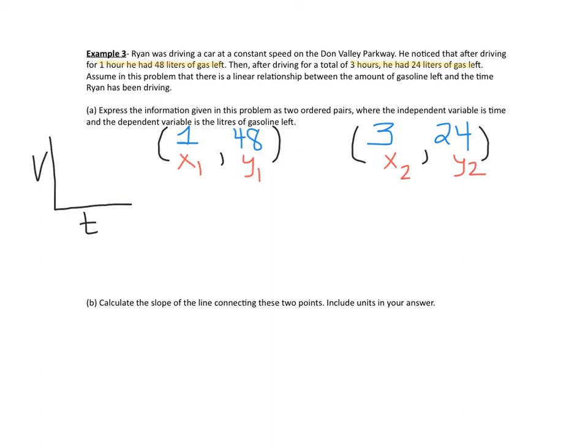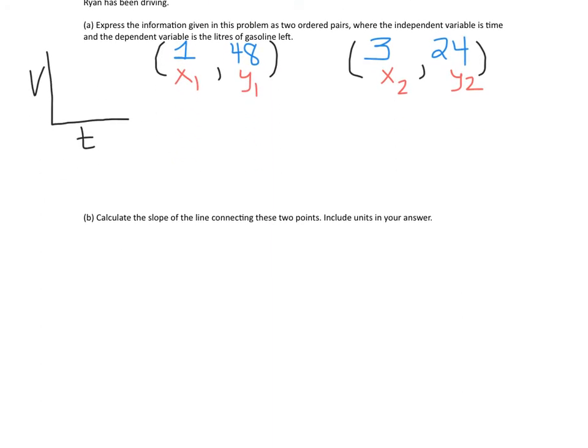So now I can go ahead and proceed to the next part of the question, which asks us to calculate the slope of the line connecting these 2 points. And we have to make sure that we include units in our final answer. So I've got my slope formula written on my page, and I'm now going to input the values of my data points into the slope formula, but I'm also going to make sure that I include units.